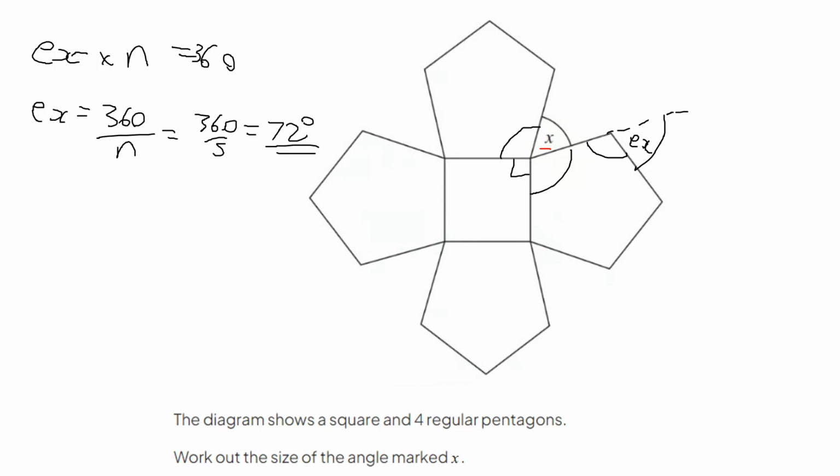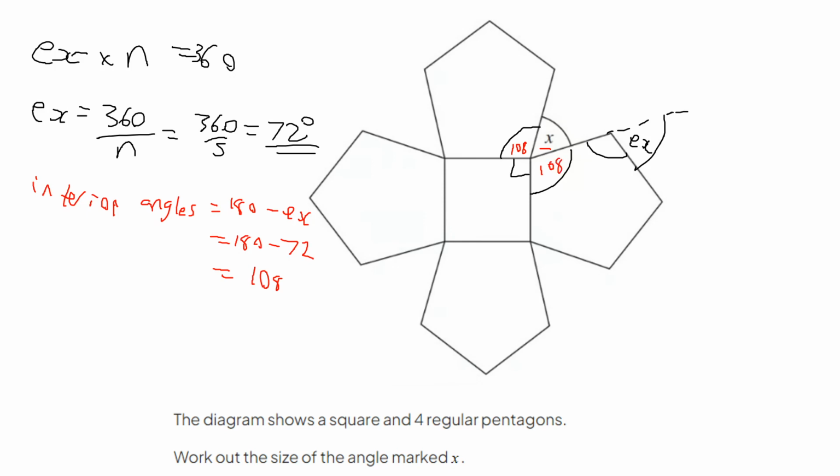And so therefore, the interior angle is just going to be equal to 180 minus the exterior, which is 180 minus 72, which is equal to 108. So this angle here is 108, and so is this one.